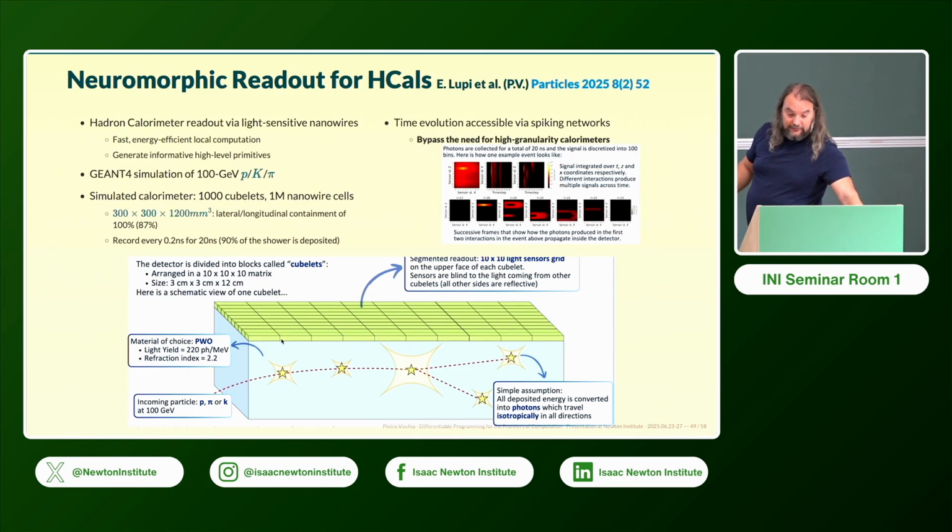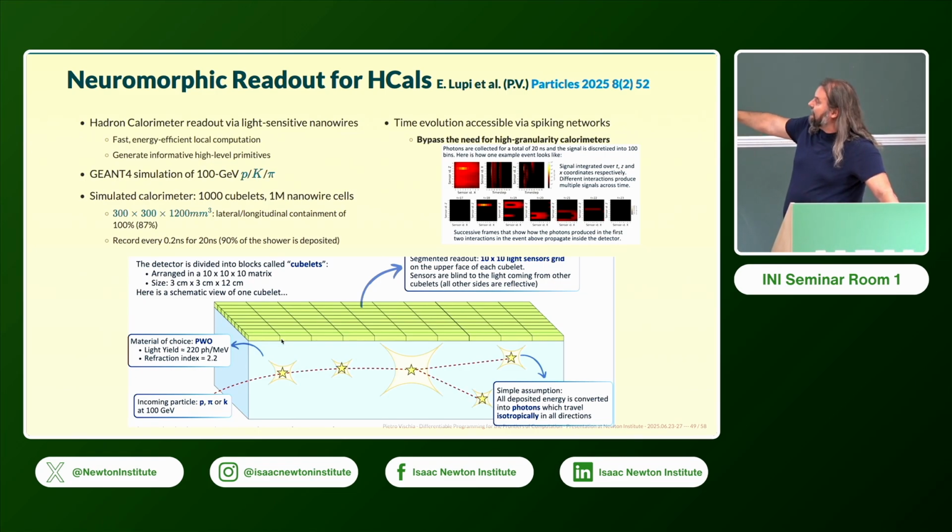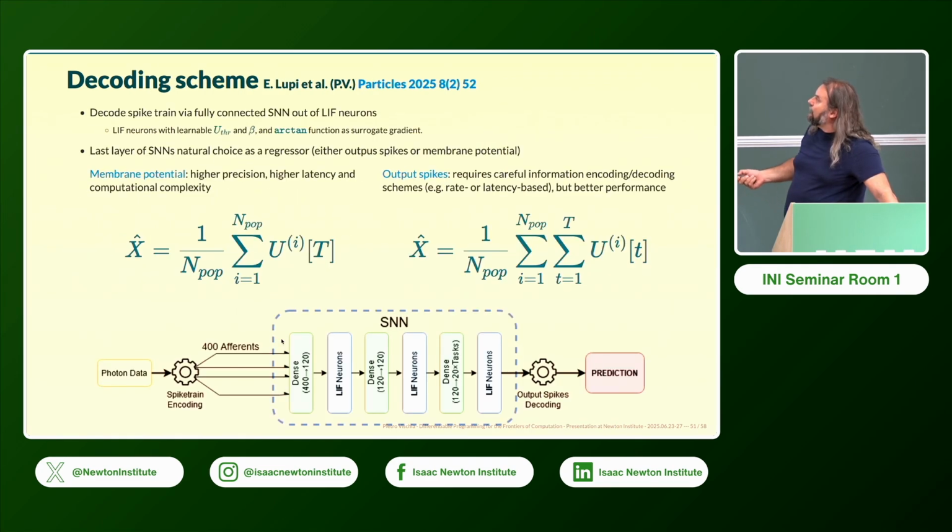It turns out that if you use neuromorphic computing, you can keep the size of the scintillating block, so you don't have to spend money to improve it. Then you can read out the signal with light-sensitive nanowires that are sensitive to very small amounts of light. To cut it short, you can encode these signals into spikes.